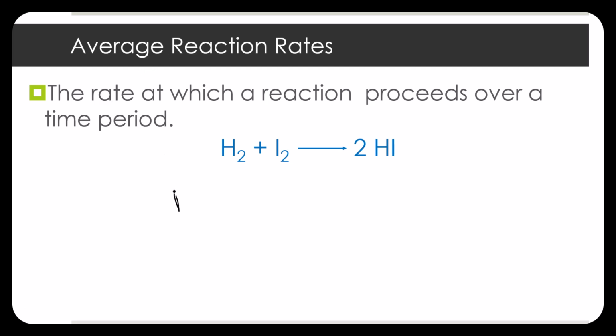So for the average rate equals, okay, so we're going to have the change in time on the bottom. We're going to have change in concentration of hydrogen on the top. One more piece is that this is a reactant, so it's going to go down. And then there's no coefficient, or the coefficient is 1, so we don't have to consider that.